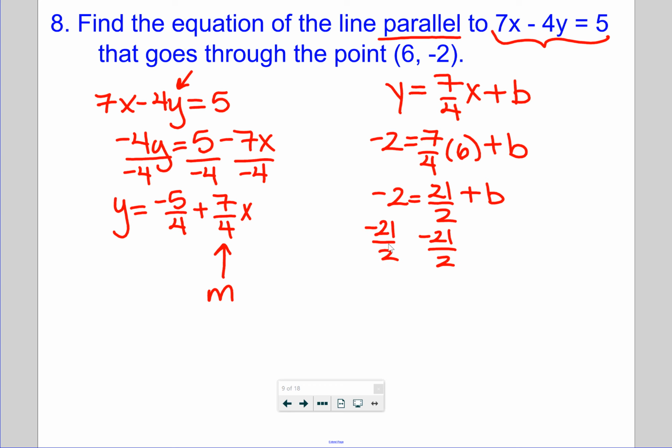So negative 2 minus 21 over 2 is going to be negative 25 over 2, or you could just say negative 12.5 because that's exact. So final answer, y equals 7/4 x minus 25 over 2. Make sure in your final answer you're only filling in m and b, you're leaving x and y.